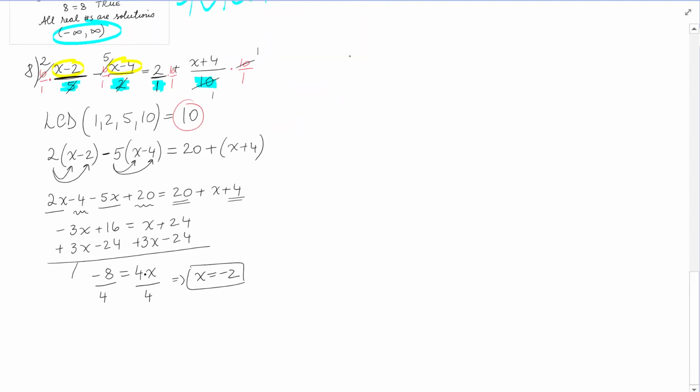And we can actually check if we want to see: is x equals negative 2 the solution? So I'm going to replace in the original problem. So x minus 2 over 5, that's negative 2 minus 2 over 5, minus x minus 4, so that's negative 2 minus 4 over 2, equals, we are asking if it's 2 plus negative 2 plus 4 over 10.